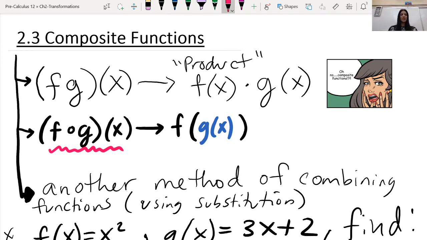That notation is what tells us that this is a composite function, meaning the g of x, and I've done it in a different color so you can clearly see where it's coming from, that actually goes into the outer function f of x. So what that's saying is whatever the whole blue g of x function is, that's going to be substituted into our bigger function f of x.